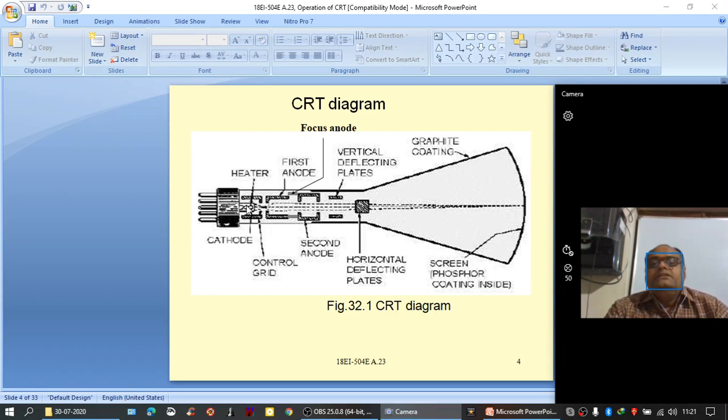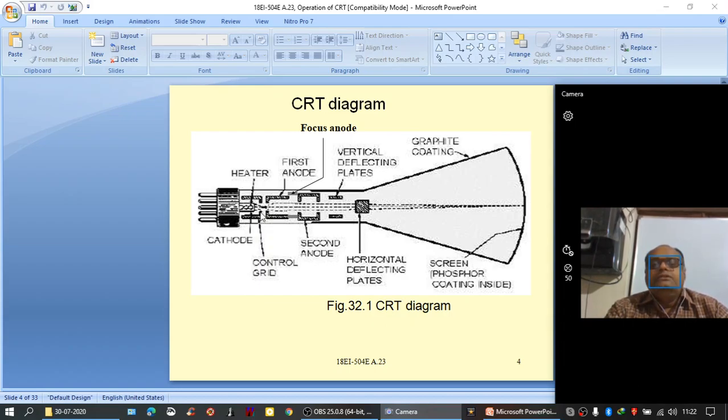Then the output of the cathode, that is the beam of electrons, is allowed to pass through a control grid.